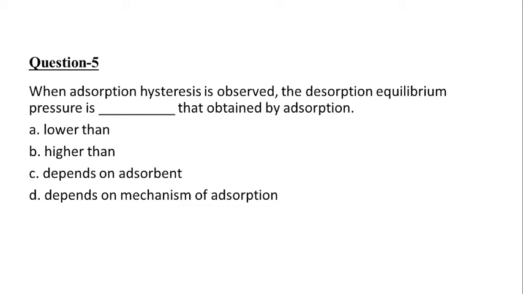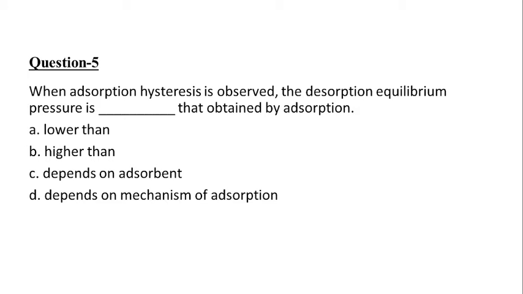Next one, when adsorption hysteresis is observed, the desorption equilibrium pressure is dash than obtained by adsorption. Here they are asking how the desorption equilibrium pressure and adsorption equilibrium pressure are related.